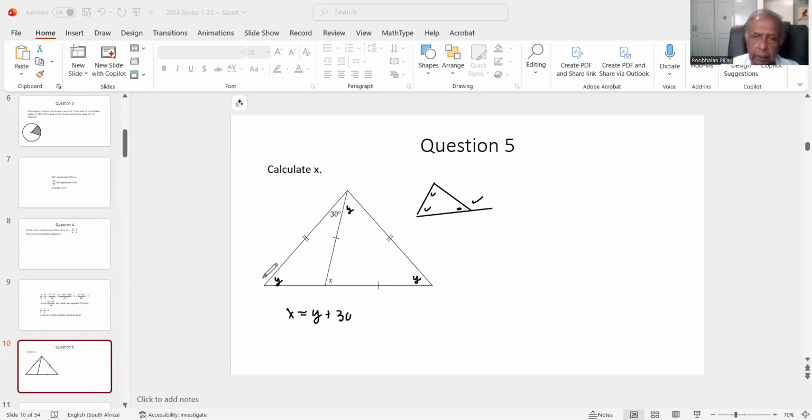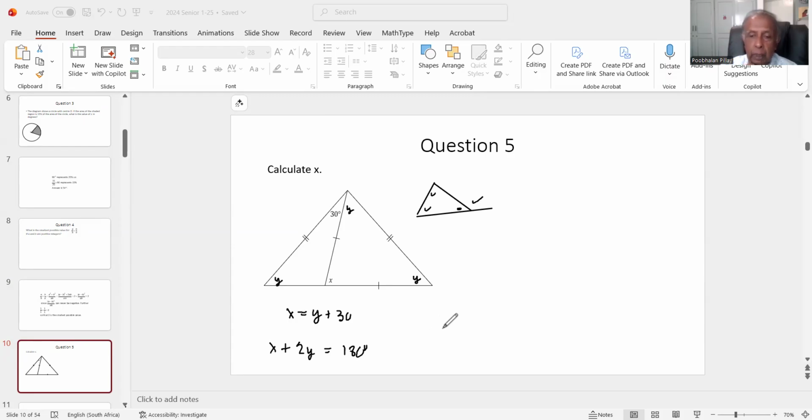So there's your flag here. This is extended. This exterior angle is x. It's equal to the sum of the two interior opposite angles. But you also have that x plus 2y is 180 degrees, because these angles are angles of a triangle.